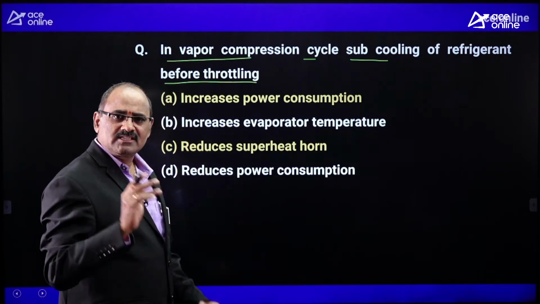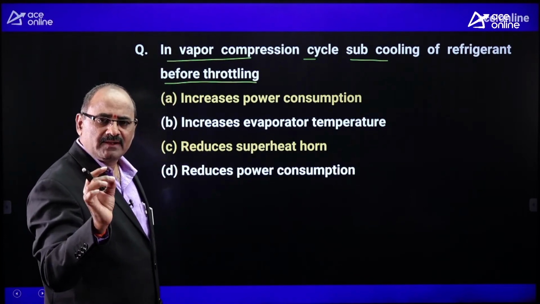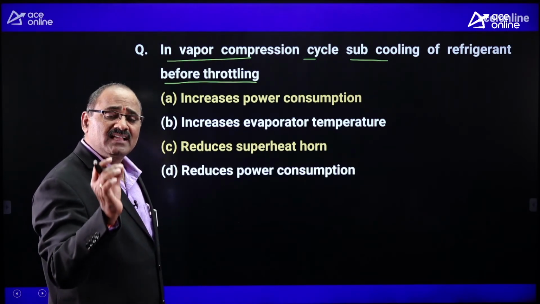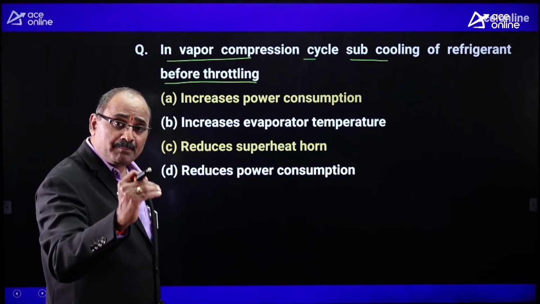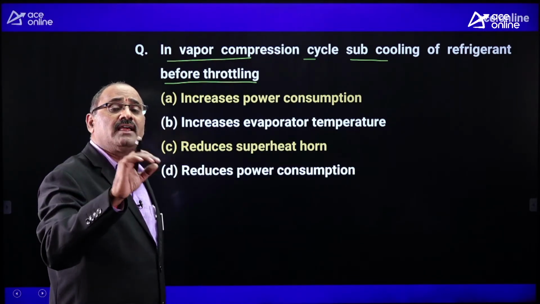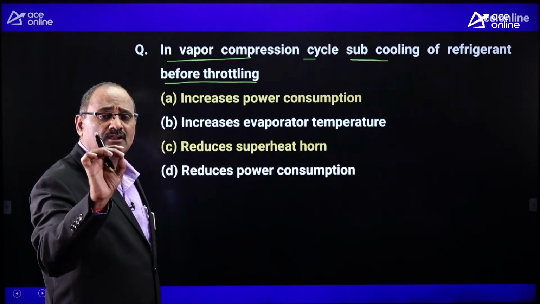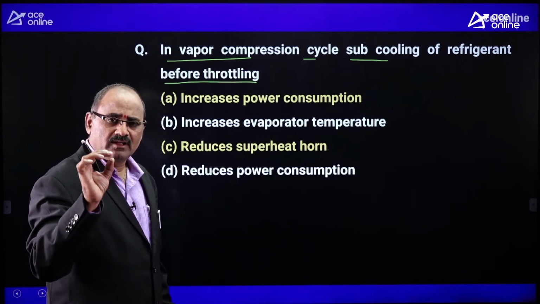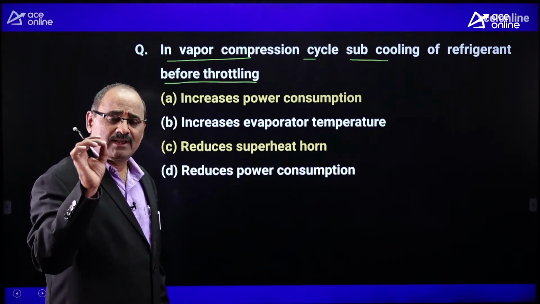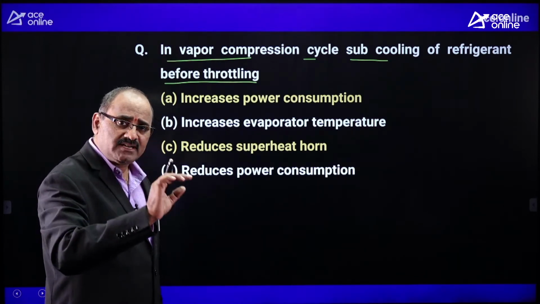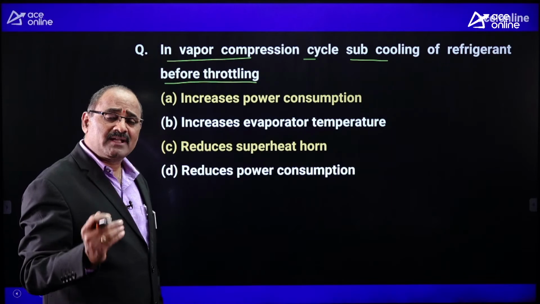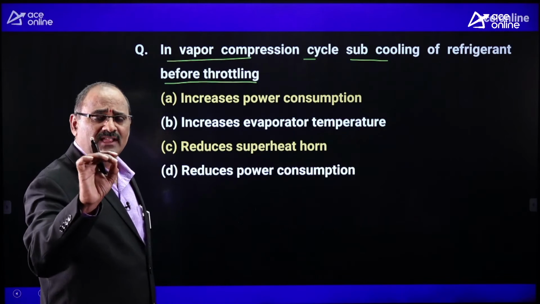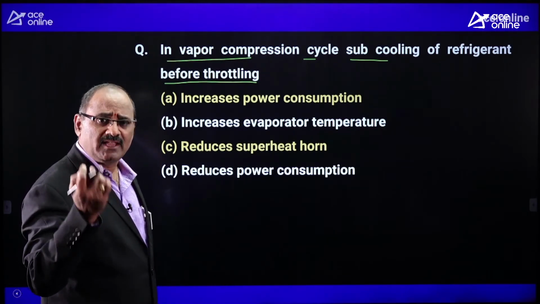Dear friends, subcooling means the method of decreasing the temperature of the liquid refrigerant below the saturation temperature by supplying some extra coolant to the condenser at constant pressure. It is also called undercooling.